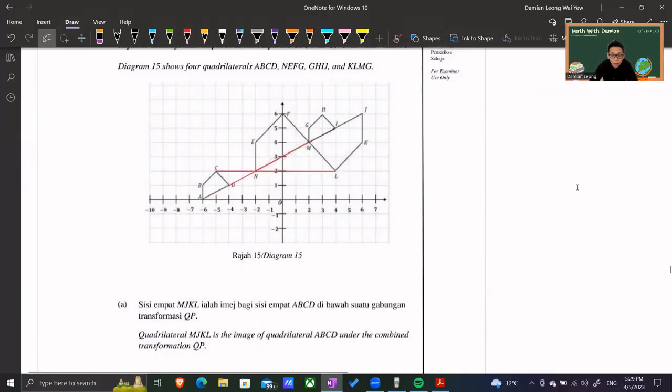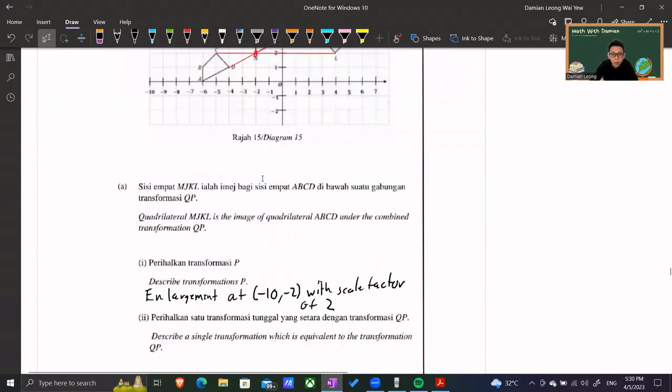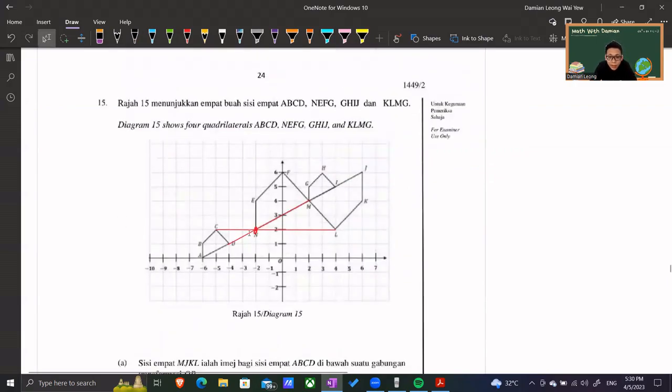It will be point N, basically. You can put -2, 2 or point N, it's up to you. So basically this is an enlargement as well at point N. You can put point N or you can put point -2, 2.